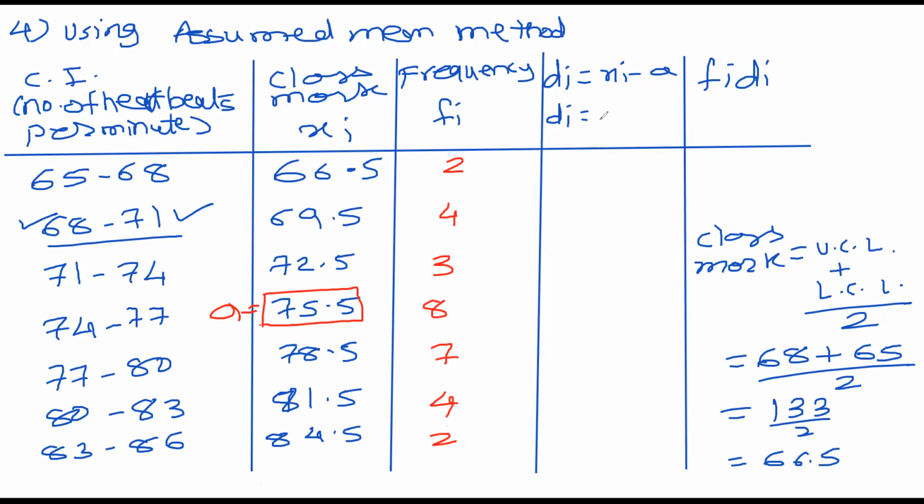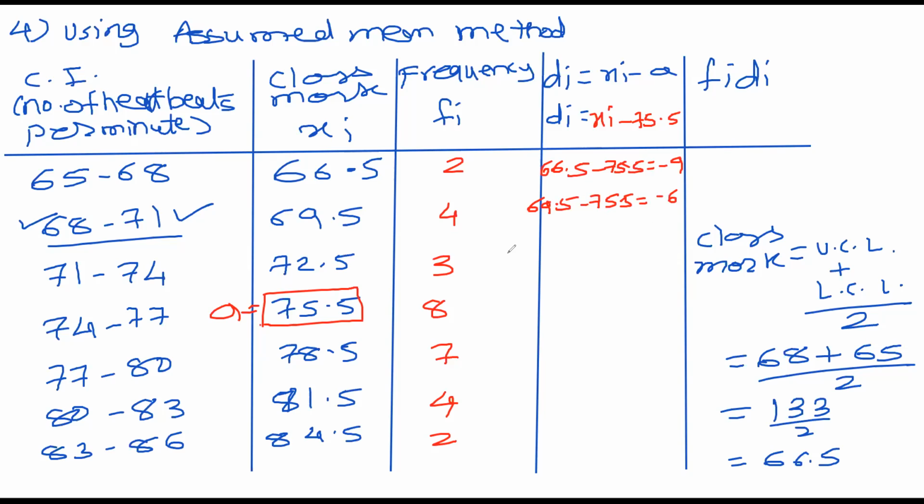Now what is di? Di will be xi minus a. That is xi minus 75.5. So in the first case, you will have 66.5 minus 75.5. How much is it? Minus 9. Correct? बरोबर है? Then you will have 69.5 minus 75.5. How much is it? किती?